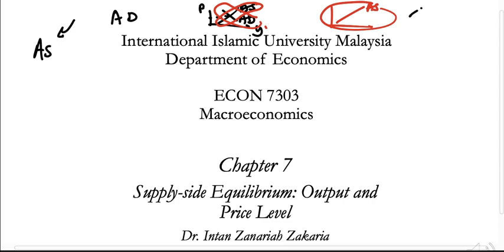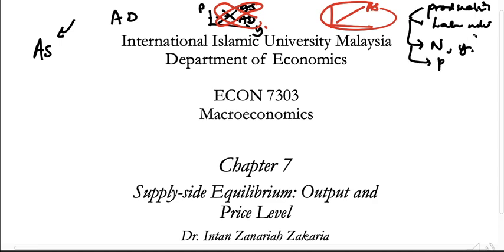That means we have a production function. We also have input, and in this case, we talk about the labor market. From here, we can determine the number of employment at the aggregate level, the output produced, and what happens to the price level.